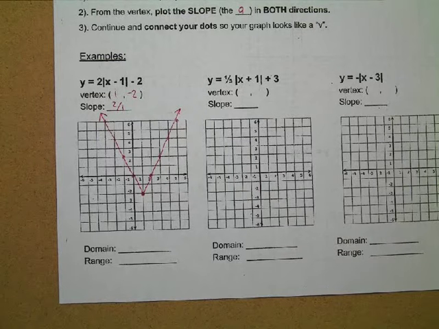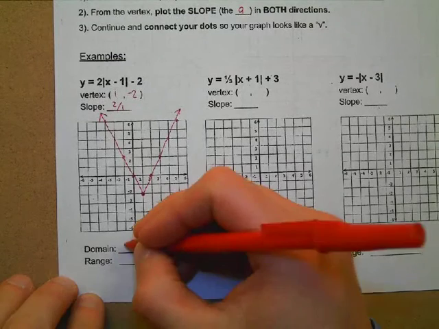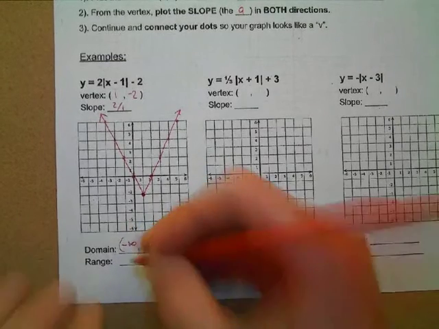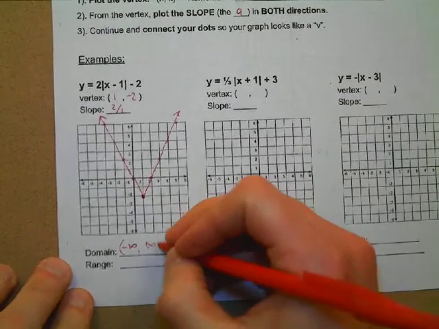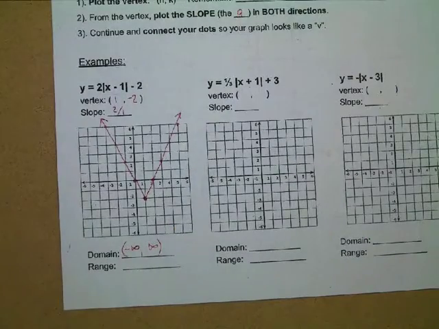Left and right. What's the farthest left x coordinate it looks like we're going to have on our graph here? Very good, negative infinity. What's the farthest right our graph's going to go? Positive infinity.